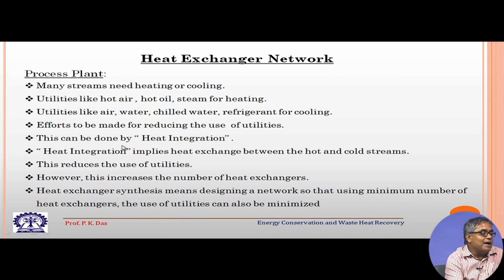This can be done by heat integration. Heat integration is a very common technical term used in chemical engineering. Heat integration means utilization of thermal energy in a particular plant in a proper fashion. If cooling is needed, we have to see whether we can do this cooling internally without taking any cold utility.